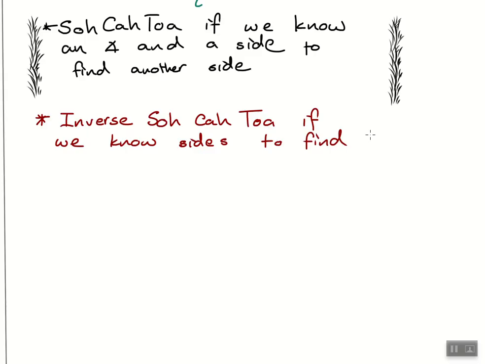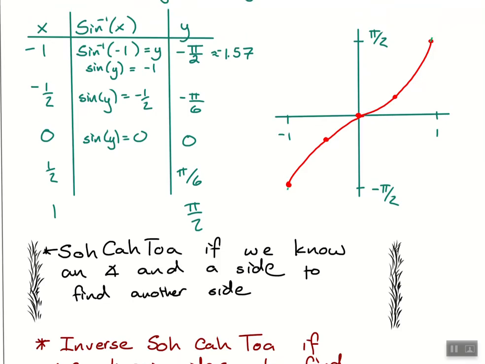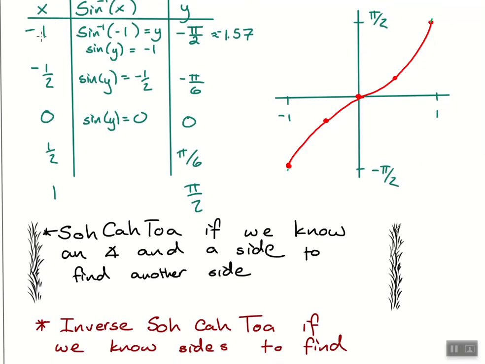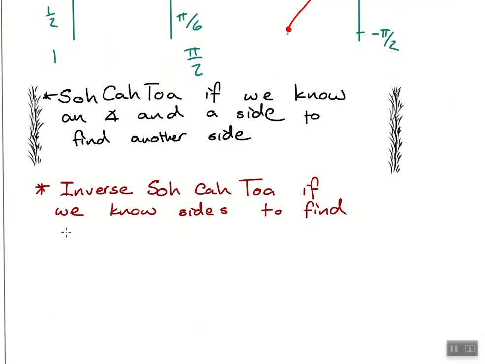I plug in the sides, and then I arc trig it, and it gives me the what? The angle. And I see that happening on this table that we just did. I plug in a ratio of the sides right here, and it spits out the angle in radians at me. This is all that it's doing. So to find an angle.